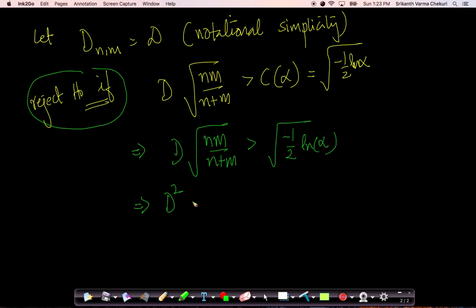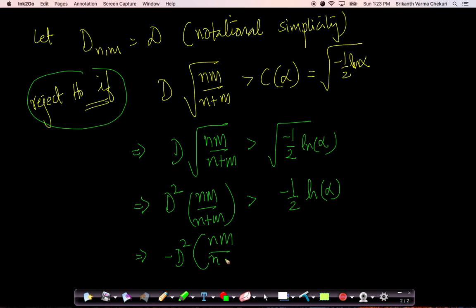So it is D square nm by (n plus m) greater than minus half of log alpha. Now, since this is a negative sign, if I multiply both sides by -1, my sign will get inverted. Simple algebra. I'm not doing any magic here, simple inequalities.